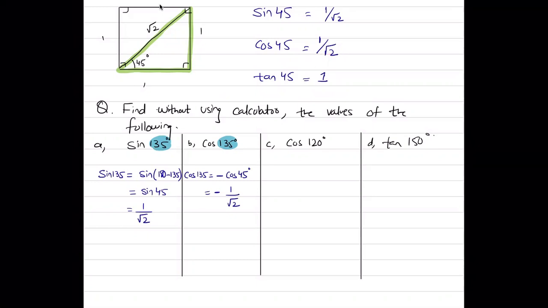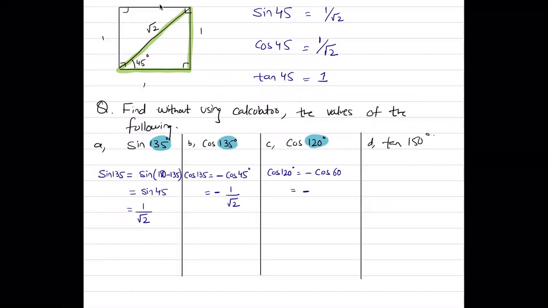Yes. Now cos of 120 degree, again 120 degree is an obtuse angle. So cos of an obtuse angle is equal to negative cos of the acute angle. What is going to be the adjacent acute angle of 120? 60.